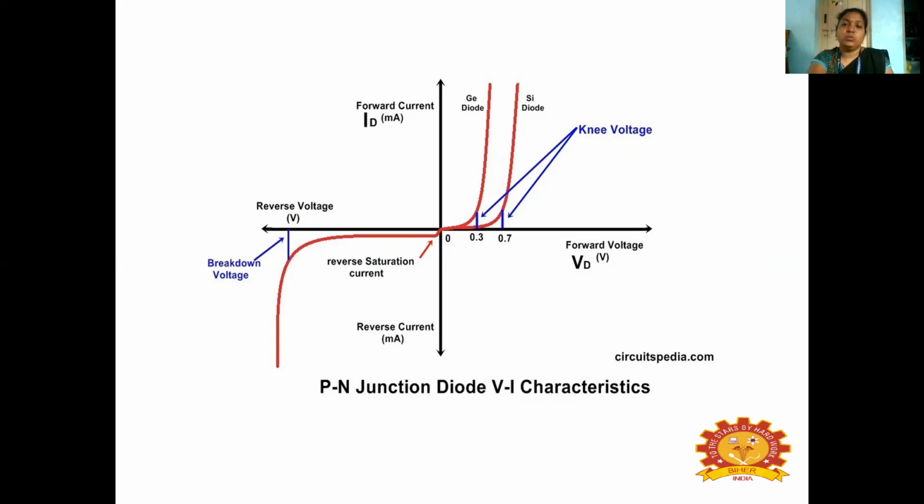And you have a Knee voltage. You can see the Knee voltage there. I will define all the terminologies, that is the Knee voltage and the breakdown voltage, everything. And you can see the reverse saturation current also. Reverse saturation current is a minimum, negligible current which flows in the diode. So you have to define the Knee voltage, the reverse saturation current, and the breakdown voltage also.